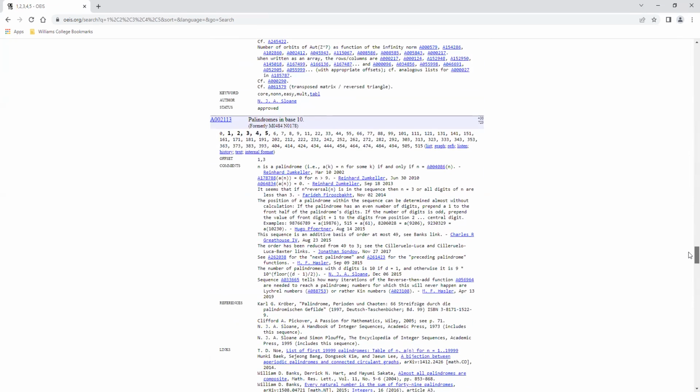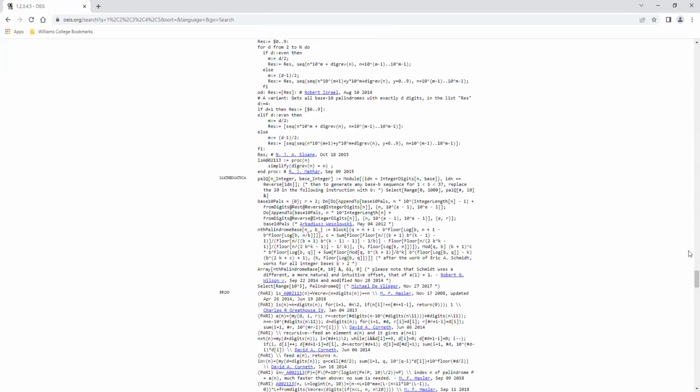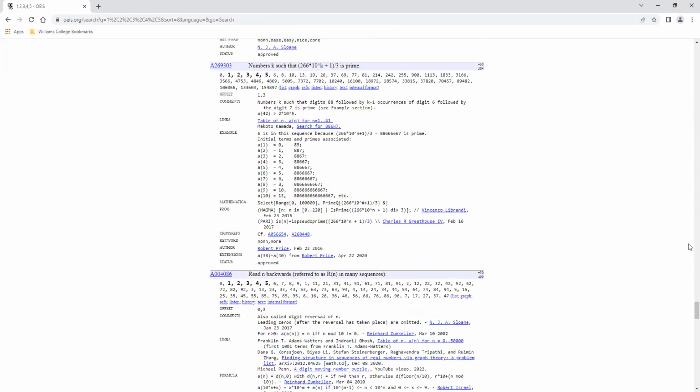And then we have palindromes in base 10. Is that what you were thinking of? Yeah. Right. And then once you get up to 9, the next one would be 11, 22, 33. Right. And then numbers k such that 266 times 10 to the k plus 1 over 3 is prime. Starts off 1, 2, 3, 4, 5, right?